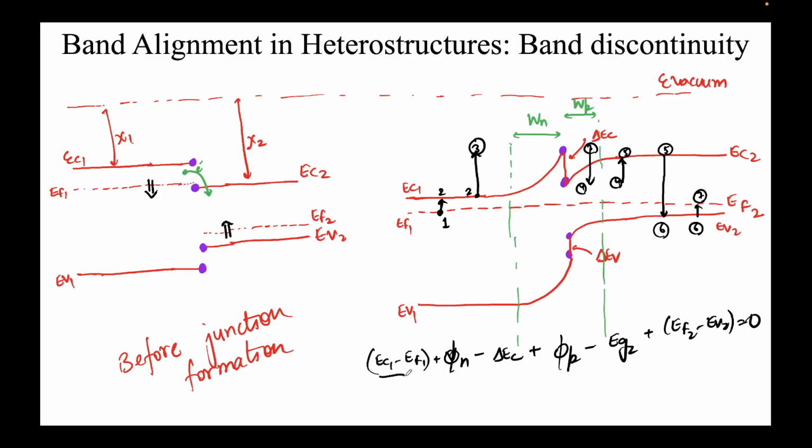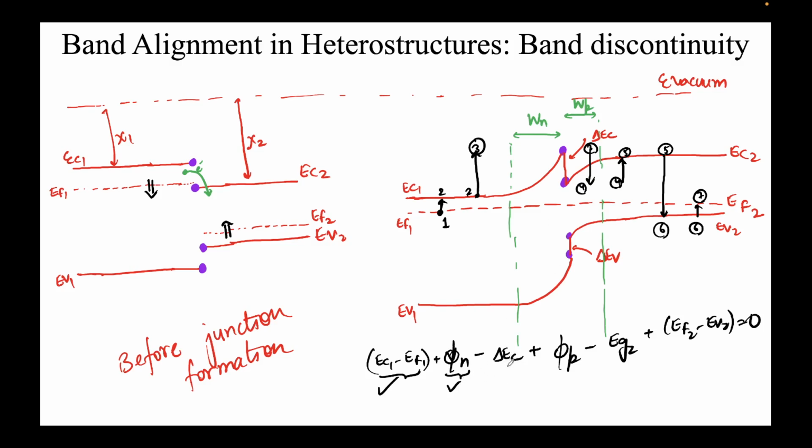We know this because it depends on doping. You put in the expression n equal to nc e to the power minus (EC minus EF) over kT. You get this term because that depends on doping, so we know this term. We know phi n because of the depletion width.